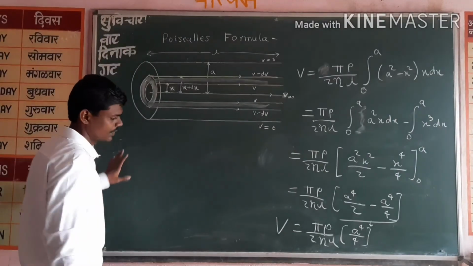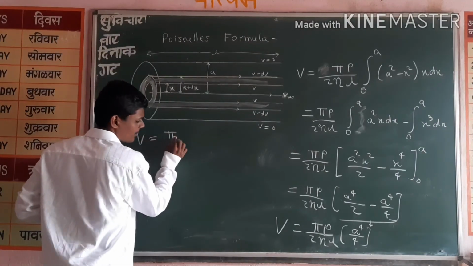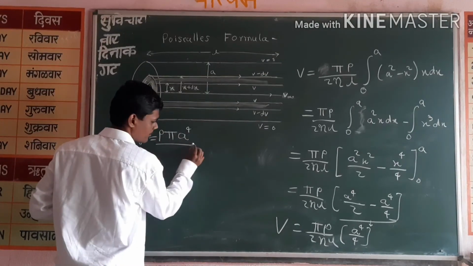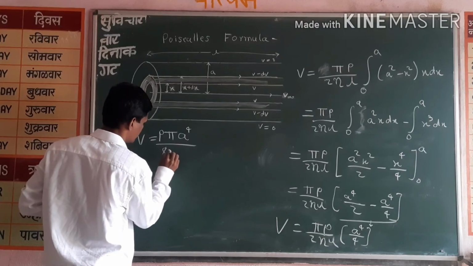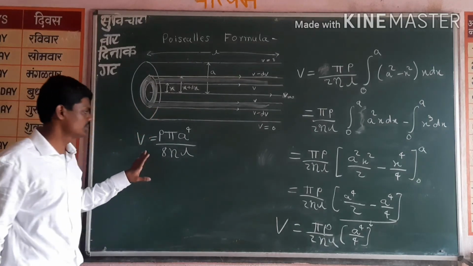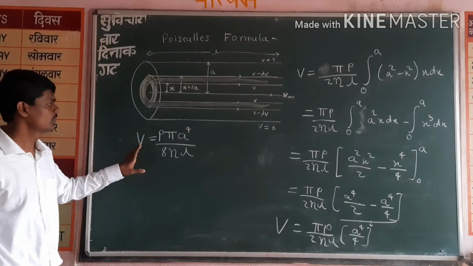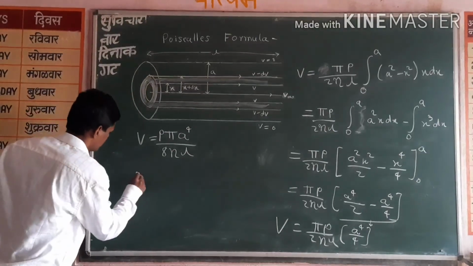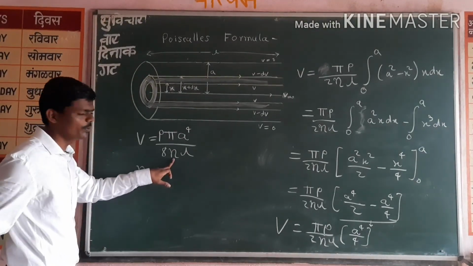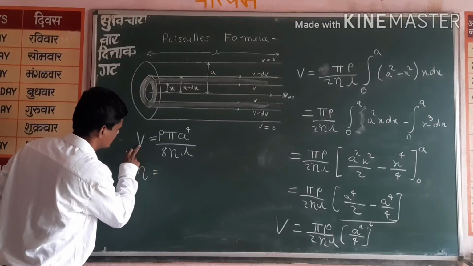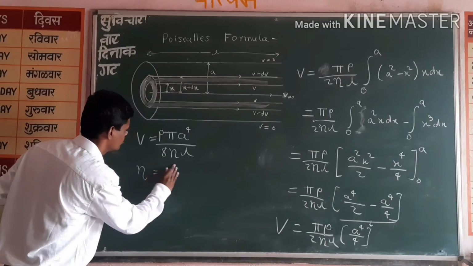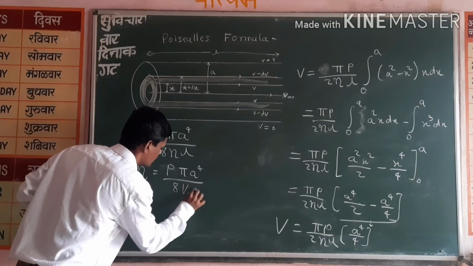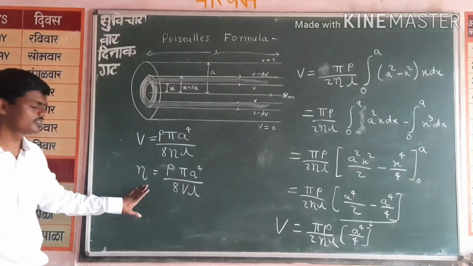I will write it again: V = πP a⁴ / 8ηL. So this is the total volume, or we can say the rate equation, that is Poiseuille's formula. Now you can get the coefficient of viscosity also by changing these two quantities: η = πP a⁴ / 8VL. This formula you will see in practicals mostly.